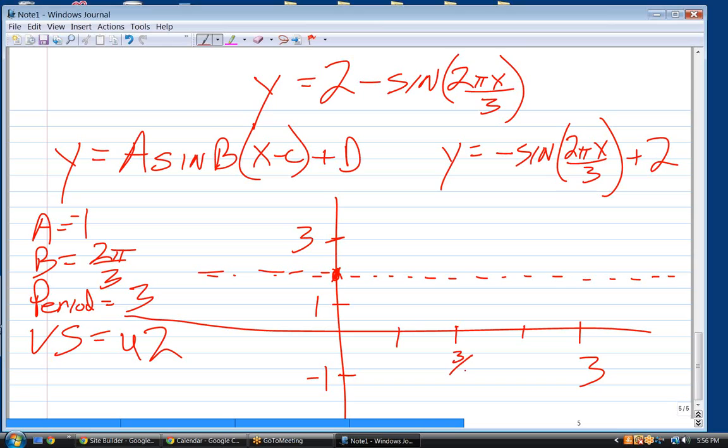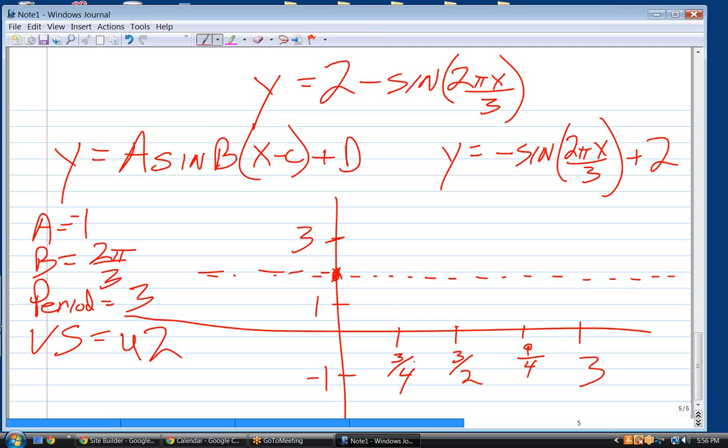The best way to do this is to take this number, divide it in half to get this point, and then take this number and divide it in half to get this point. So that's 3/4. This is 6/4. This is 12/4. It's got to be 9/4, halfway in between 6/4 and 12/4.